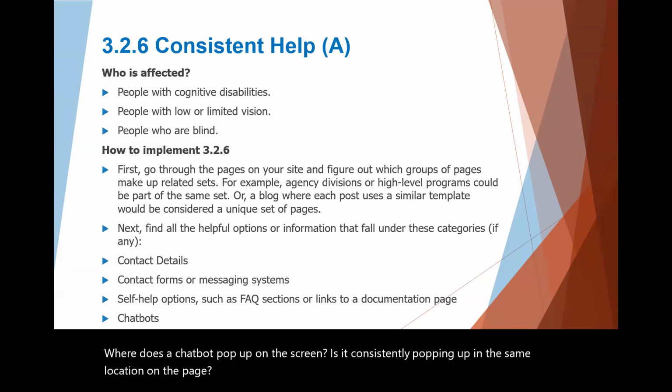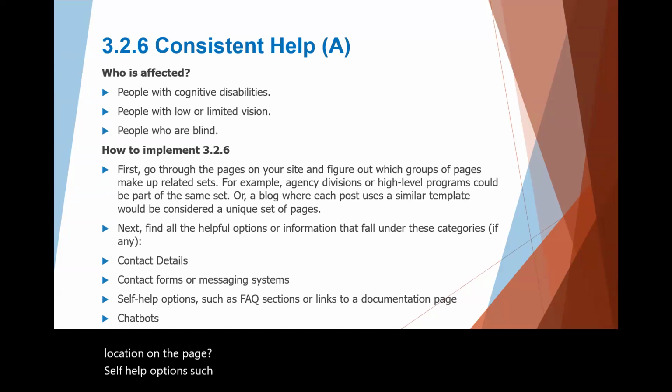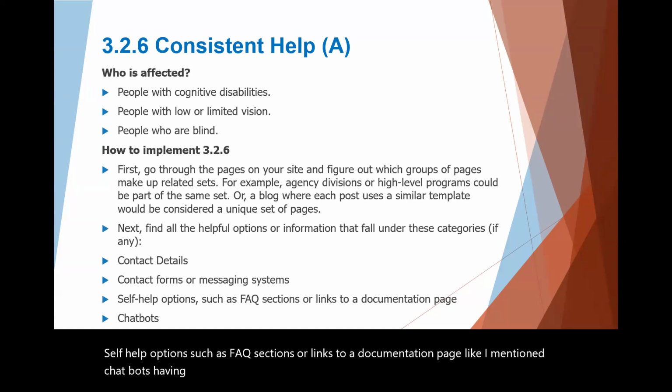Self-help options such as FAQ sections or links to a documentation page, like I mentioned, like chatbots having them in a particular place. Now, in a lot of cases with agency sites, contact information may be in that. It may not even be a set of pages.